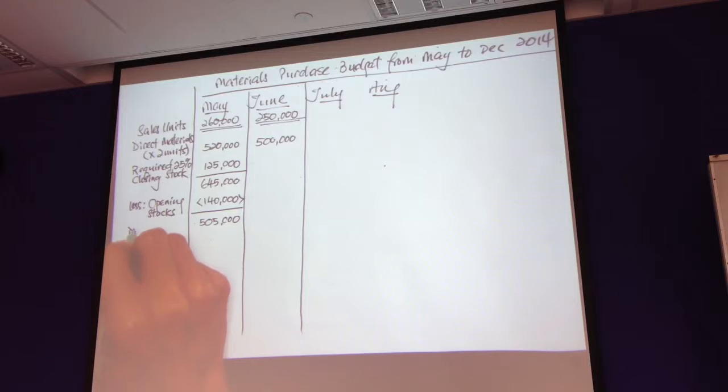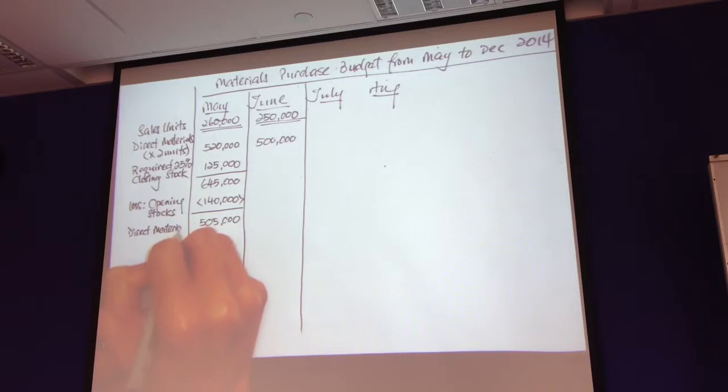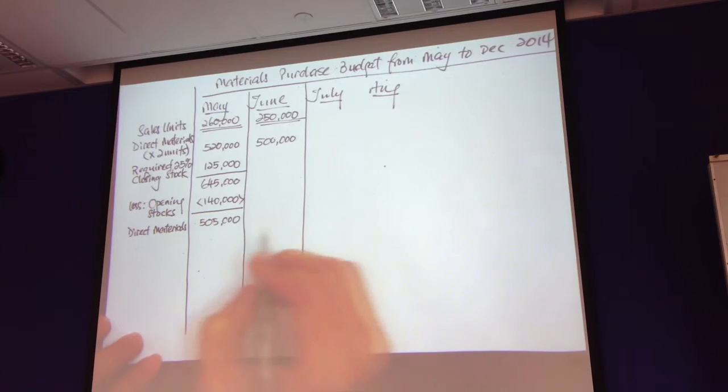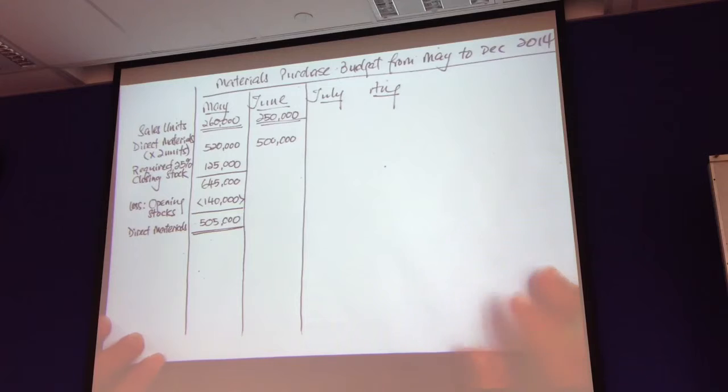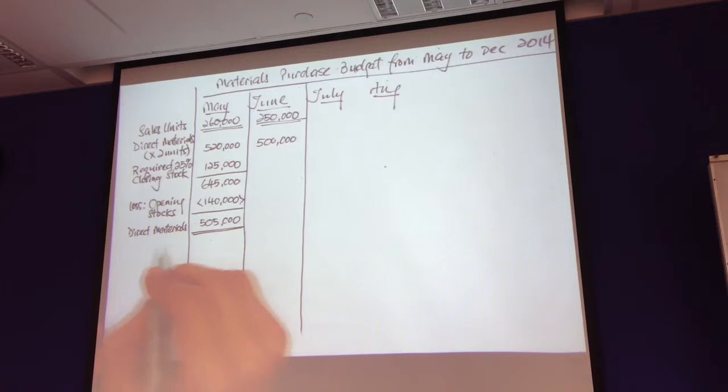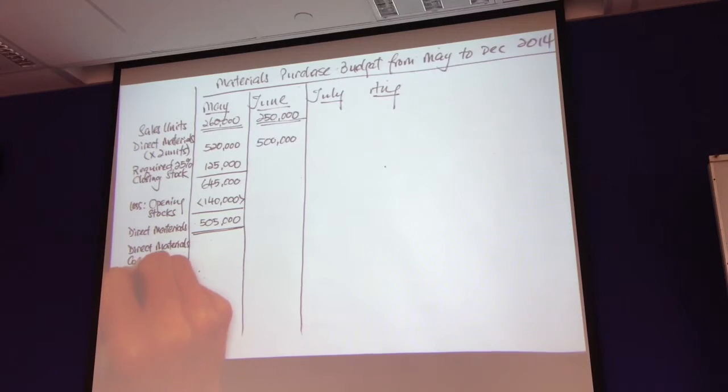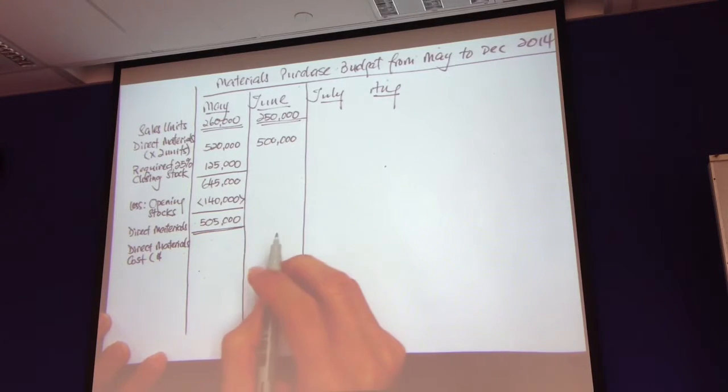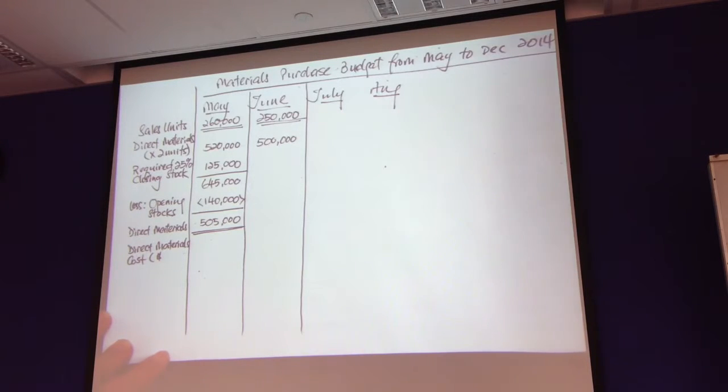So this will be the direct materials that you need to buy. However, my question would be, your direct materials cost, how much per unit? Just now you told me? 25 cents.